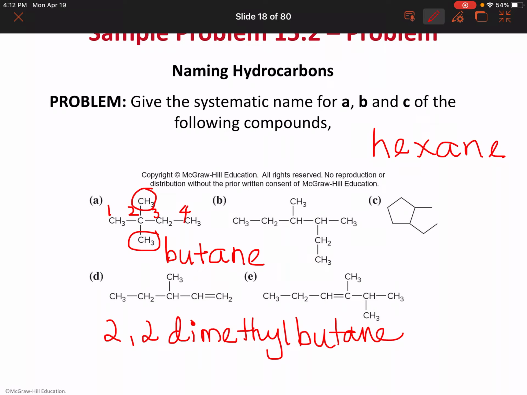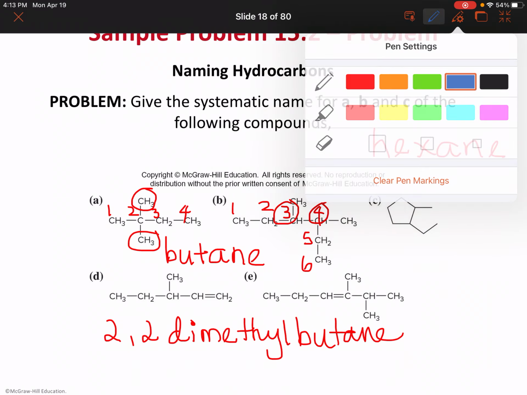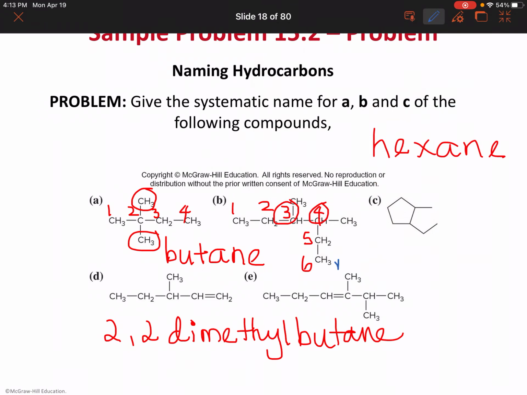So you can number them 1, 2, 3, 4, 5, 6. If you number like that, your branches come to number 3 and number 4. 3 has a methyl group, 4 has a methyl group. Let's try to number from the other way, starting this side. 1, 2, 3, 4, 5, 6.